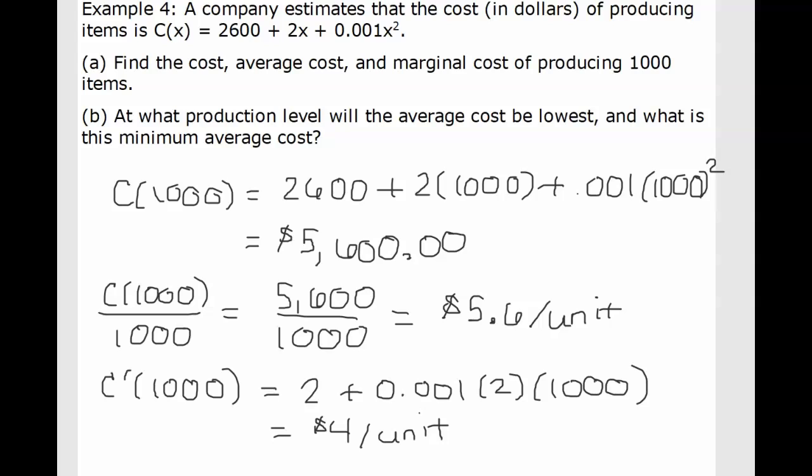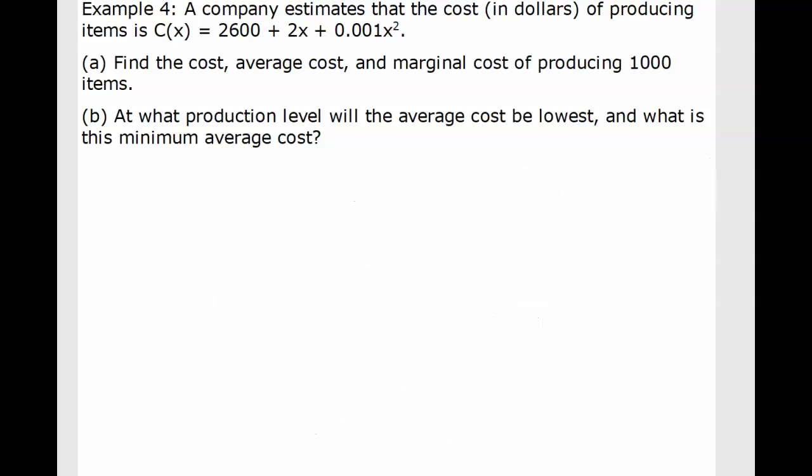Okay, and then part B, at what production level will the average cost be the lowest? The production level at which the average cost is the lowest is when the marginal cost equals the average cost.